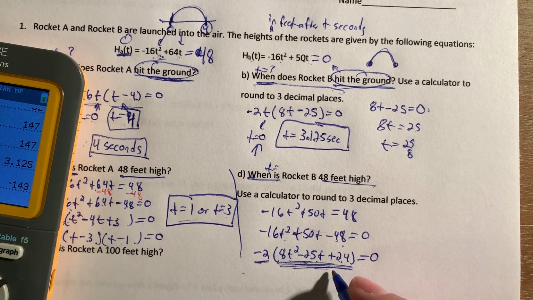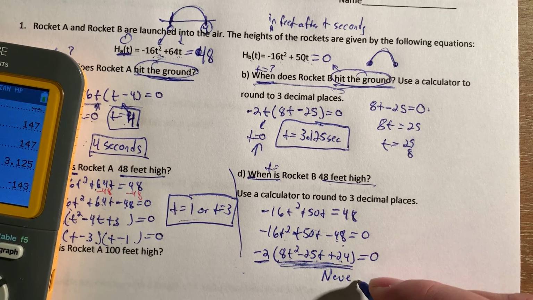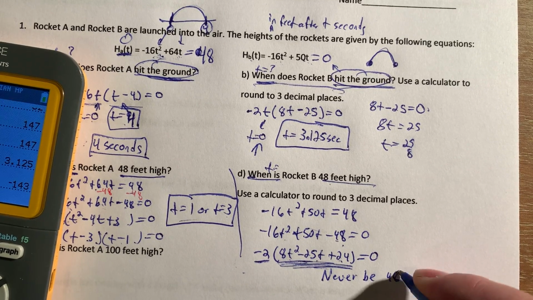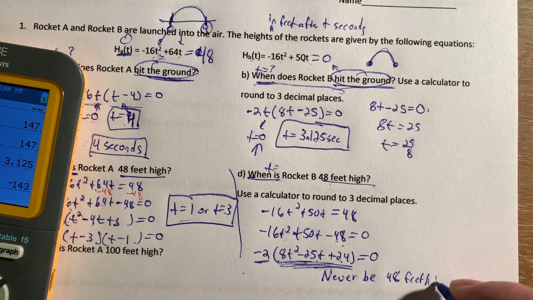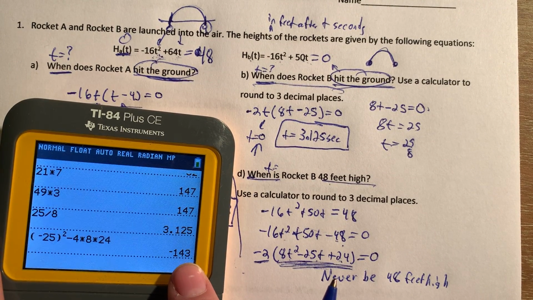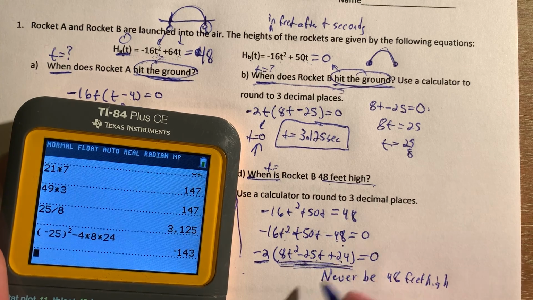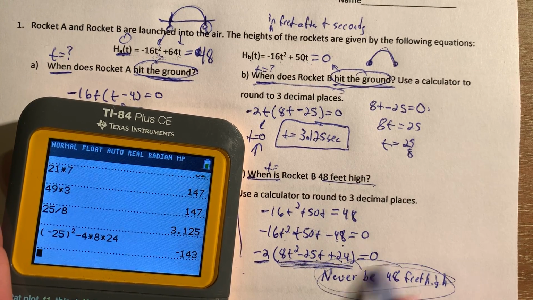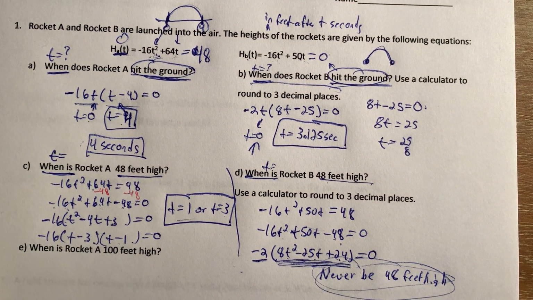Because it is a negative number, I know that rocket B will never be 48 feet high because the square root of a negative is an imaginary number. So when I try to do the quadratic formula, I'll get an imaginary answer out, and that tells me that the rocket will never be 48 feet high.